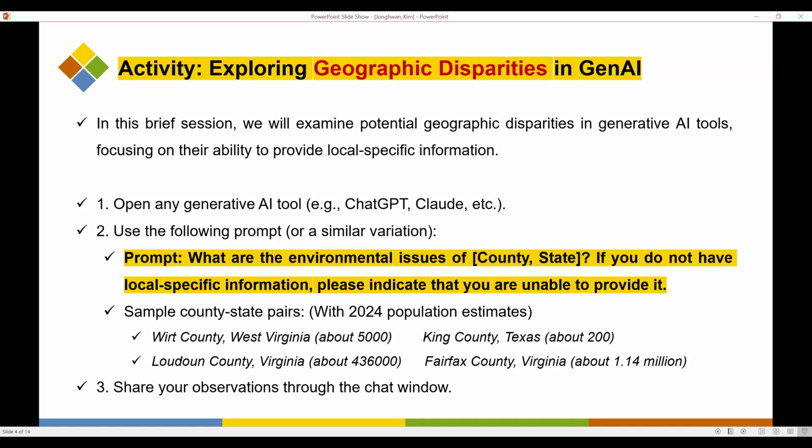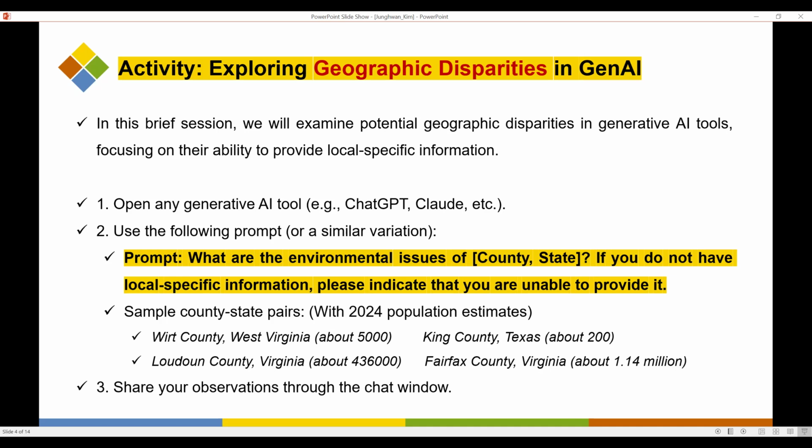And then second, send the following prompts to generative AI tools. The prompt is, what are the environmental issues of county, state? And if you do not have the local specific information, please indicate that you are unable to provide it. To assist your activity, I included some example counties here.